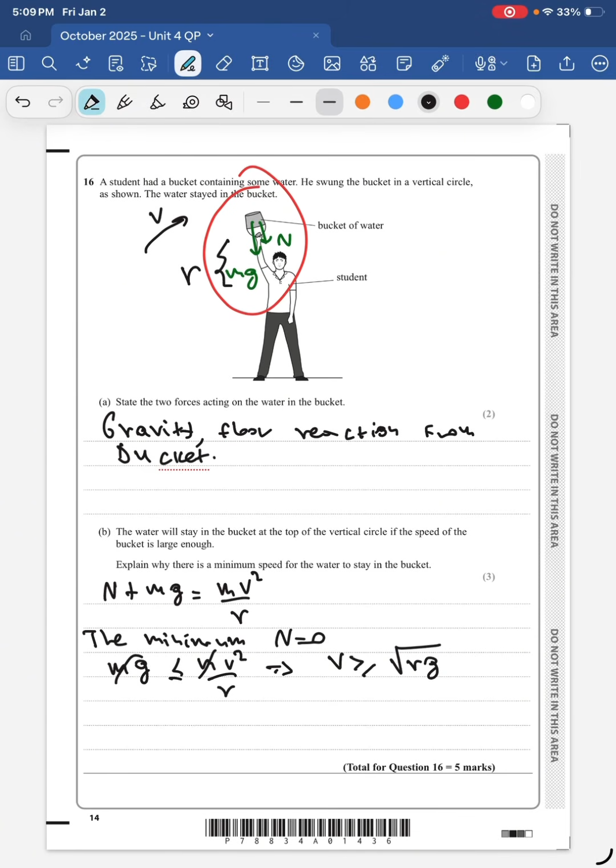Okay, so the minimum speed is equal to the square root of r times g for the bucket to go around and have the water in the bucket without getting spilled. Okay.